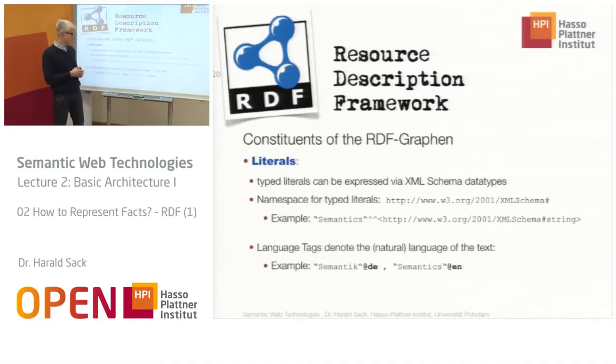So for example, if I'm referring to the English language, it's EN, or if I'm referring to the German language, to Deutsch, it's DE. So pretty simple. So let's keep in mind literals are usually strings or can have data types that can be expressed via XML schema data types. And on the other hand, strings might be given in different languages that can be denoted via a language tag.